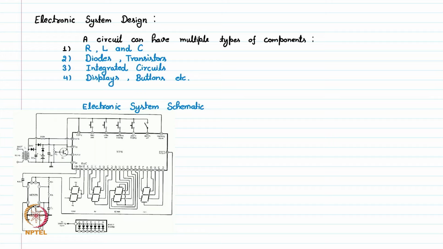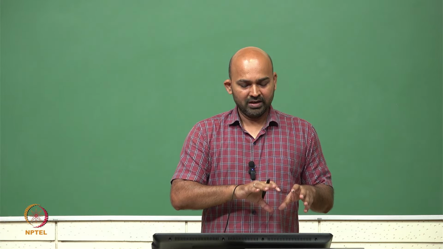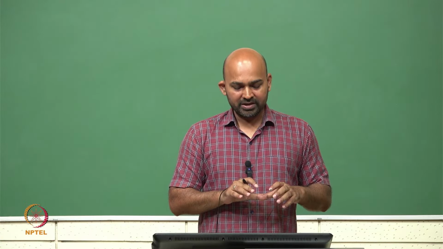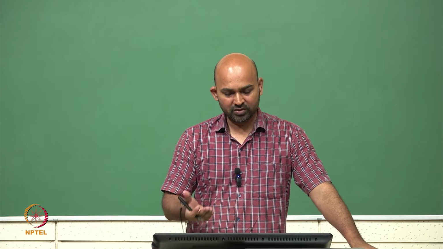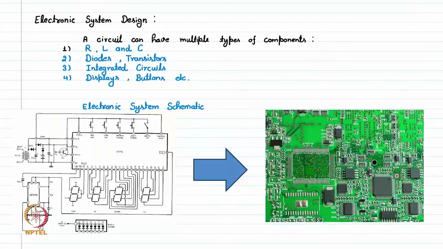Once this schematic is made and is as per our expectation, in the next step we make it on hardware, which is called the PCB. Here this schematic is converted to a complete PCB, the green colored FR4 substrate.